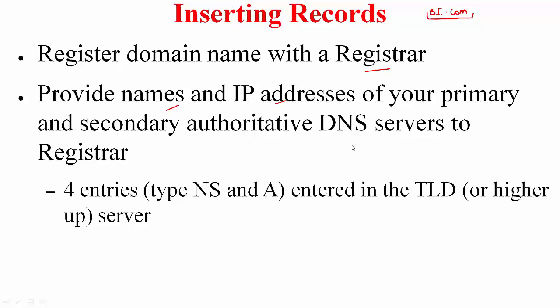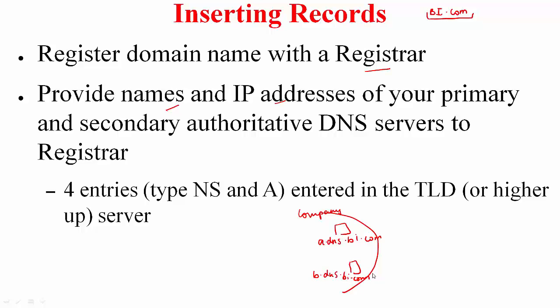So what this means is, let's say this is your company. Within your company, you are allocating two hosts who are going to be the primary and secondary DNS servers. Let me call this a.dns.bi.com and this as b.dns.bi.com.